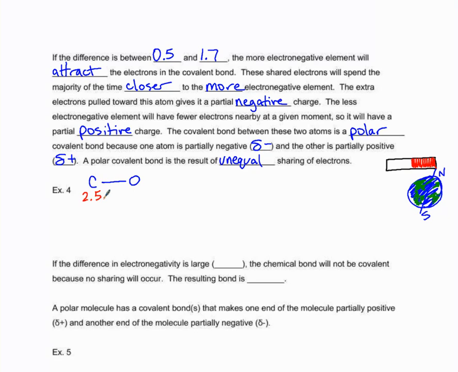And for oxygen, this is 3.5. We want to look at the difference between these two numbers, and in this case, the difference is 1.0. It's between 0.5 and 1.7, which makes this particular covalent bond polar.